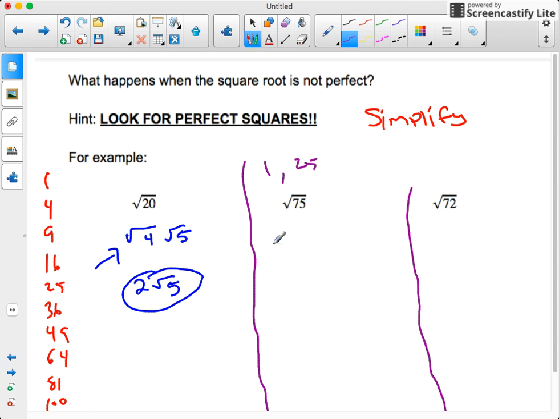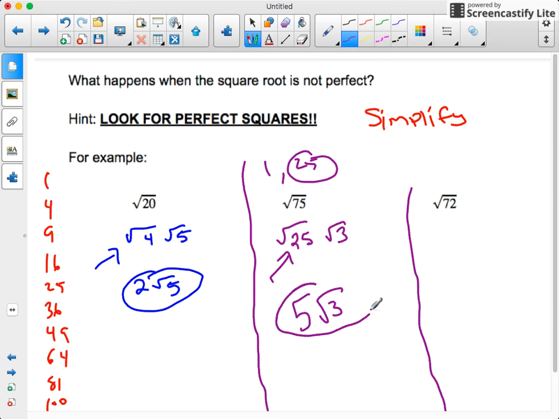We're going to rewrite this using 25 because we want to use the biggest one possible. So the square root of 75 is equal to the square root of 25 times the square root of 3. Guys, what's the square root of 25? Hopefully you say 5, so we get 5 root 3. That is fully simplified.